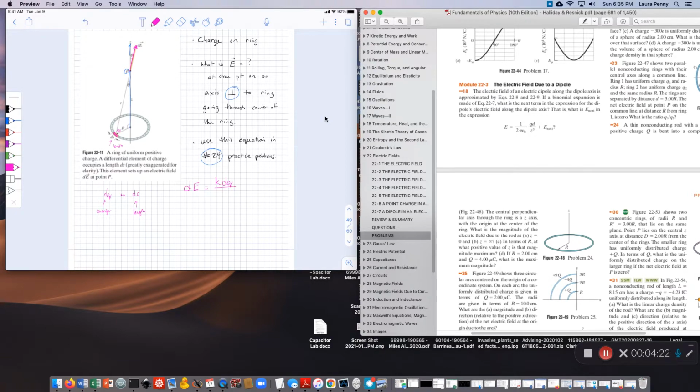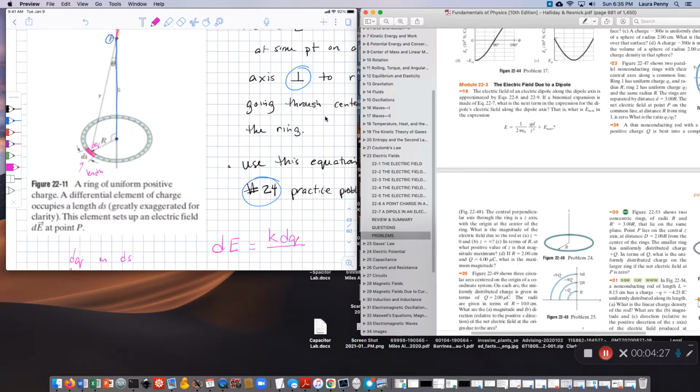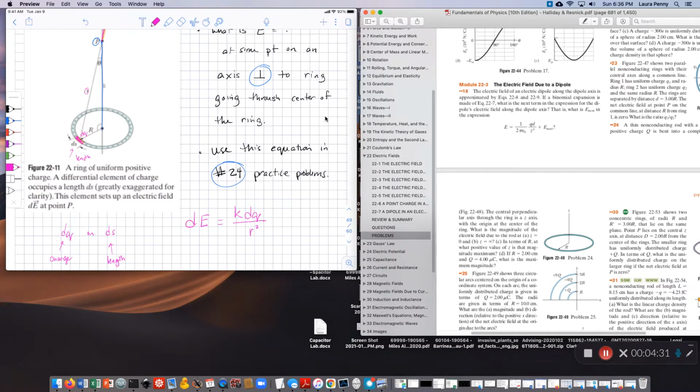And how far away is that little dq from this position P? Well, that's just this R, so R squared. Again, we're using our old equation, which is that a point charge makes an electric field with this magnitude: k, the amount of the point charge, divided by how far away the point charge is from this position. But instead of a Q, we have a dq, so instead of an E, we're producing a dE.